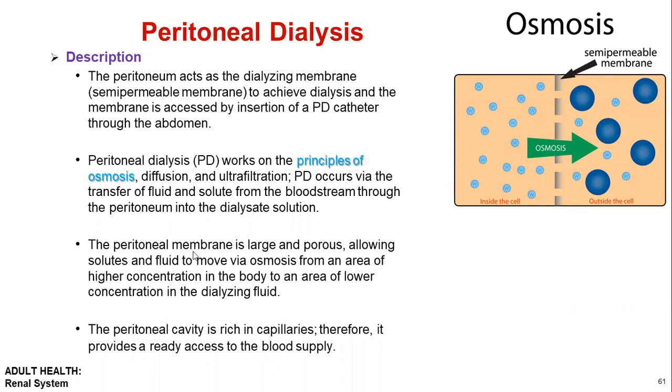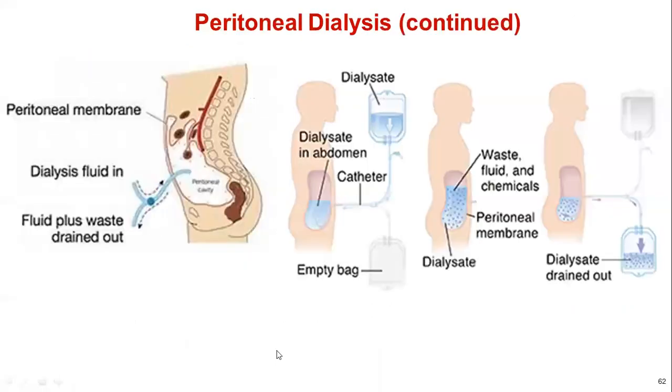The peritoneal membrane is large and porous, allowing the solute and water to move via osmosis. The peritoneal cavity is basically rich in capillaries. Therefore, it provides ready access to the blood supply.